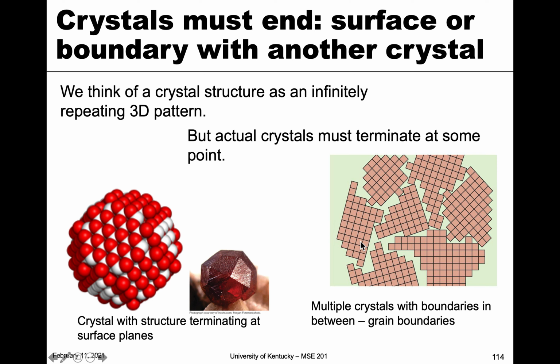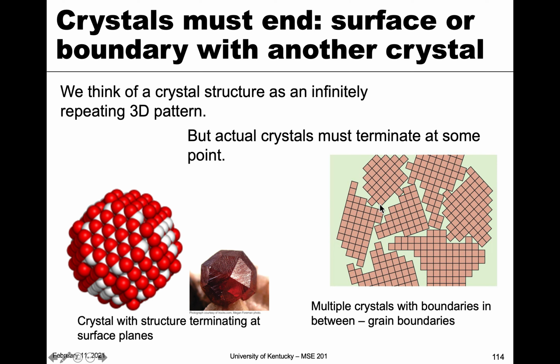However, this is also bordered by another crystal, and then another, and then another. And all of these crystals, you can see, are at different angles to one another. And they're all contained in one material. So we have these multiple crystals where the end of one crystal starts the beginning of another crystal.